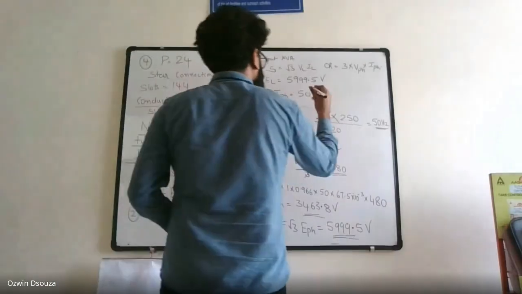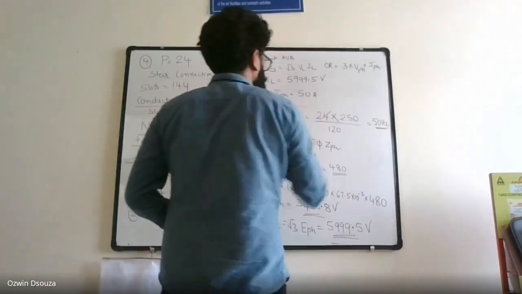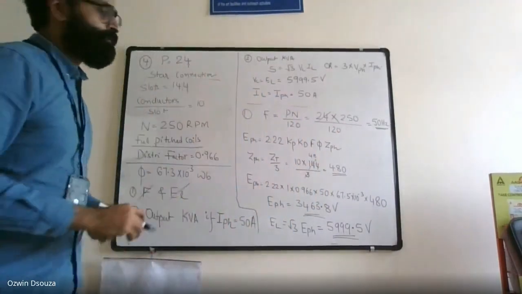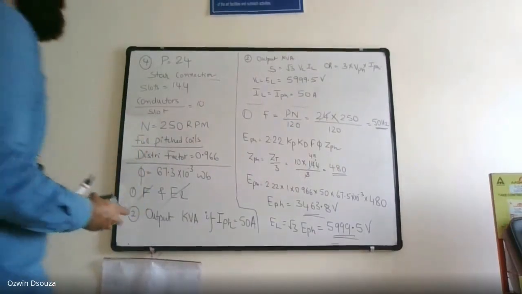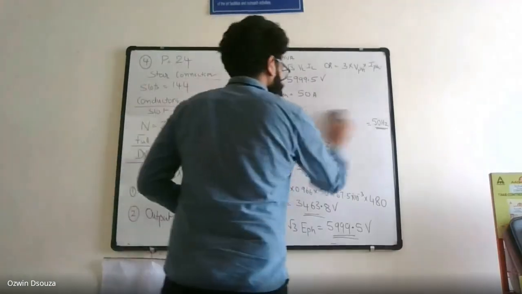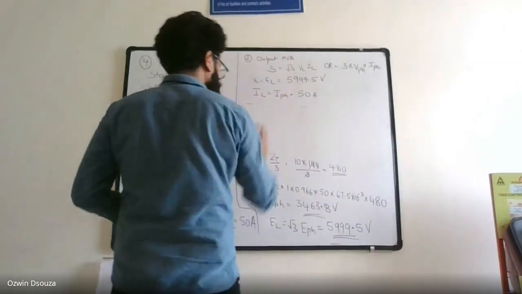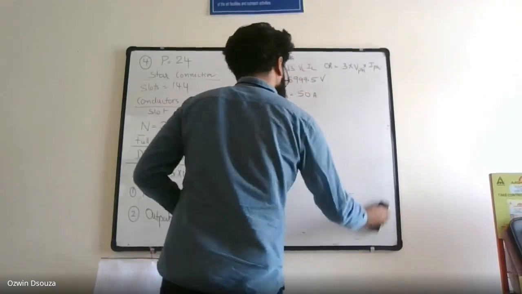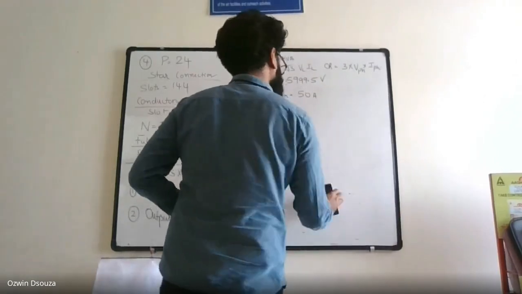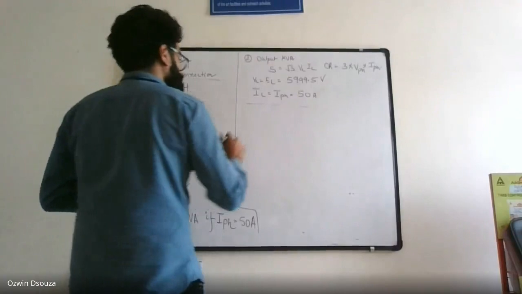So just multiply voltage, current, and you can also multiply √3 or 3 with respect to line and phase values.